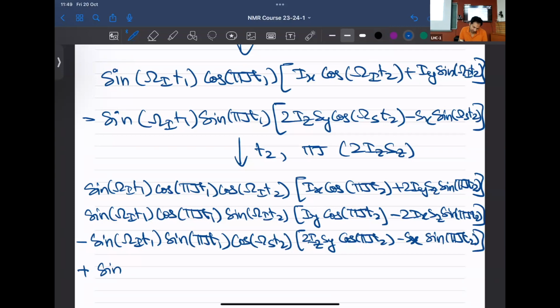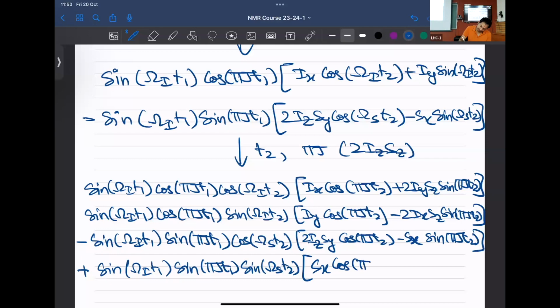No, minus of minus should become plus, right? Maybe I made a mistake somewhere. It has to be kind of symmetric. Anyway, we'll see. Sin omega I T1 sin pi J T1 sin omega S T2 Sx cos pi J T2 minus Sy sin pi J T2.